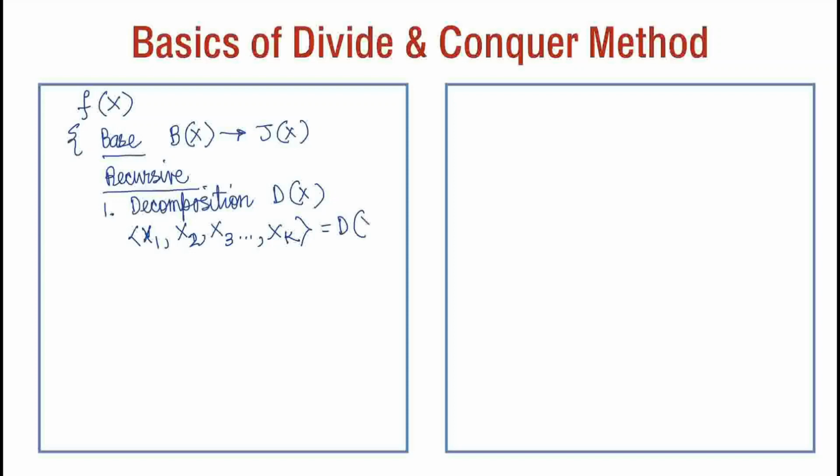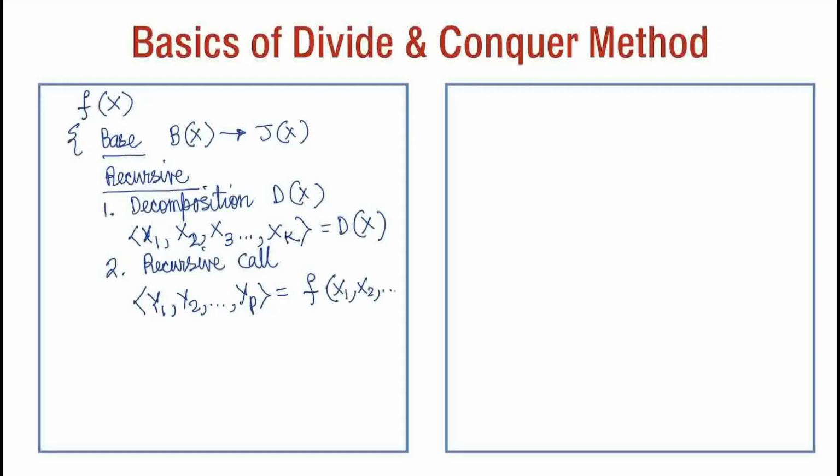Once we took d, we got this x broken up into subcomponents. Then we had the actual recursive call, and through the recursive call, we got back y, which is y1, y2 to yp, equal to f of x1, x2 up to xk.